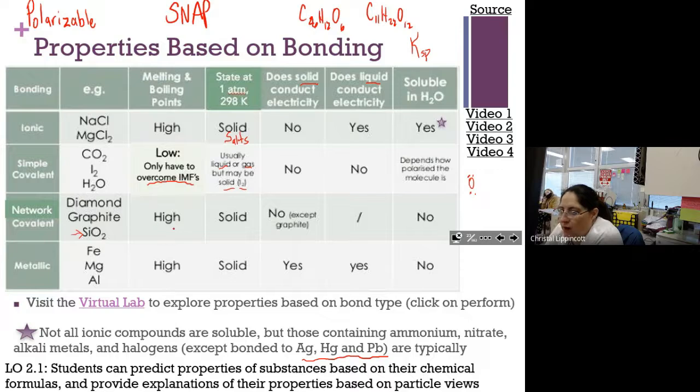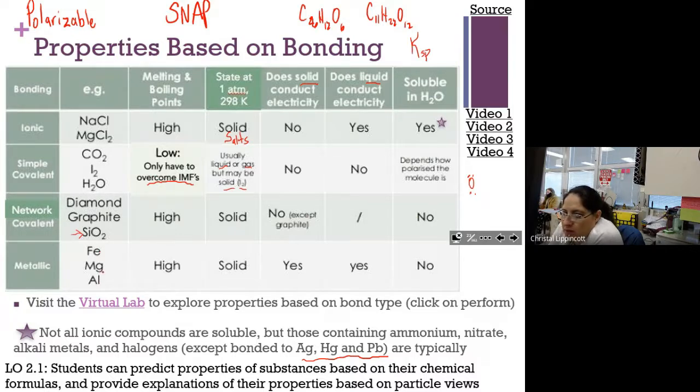So very, very high boiling points. States typically are solids at room temperature. Does the solid conduct electricity? No, except for graphite. The liquid, typically it would have to be so hot that you're not going to get to that point, and then they're not soluble in water.